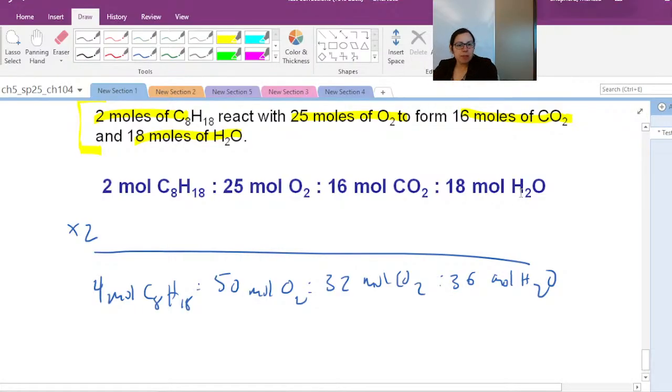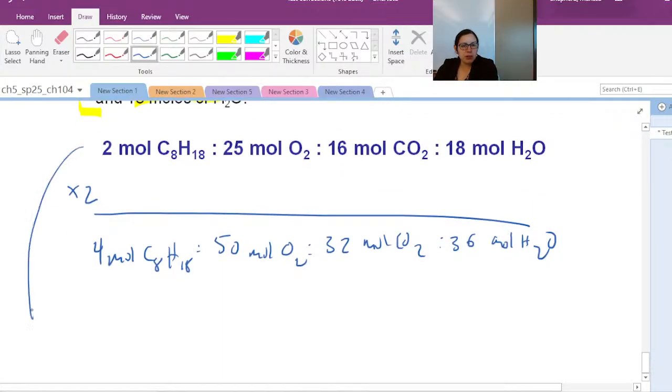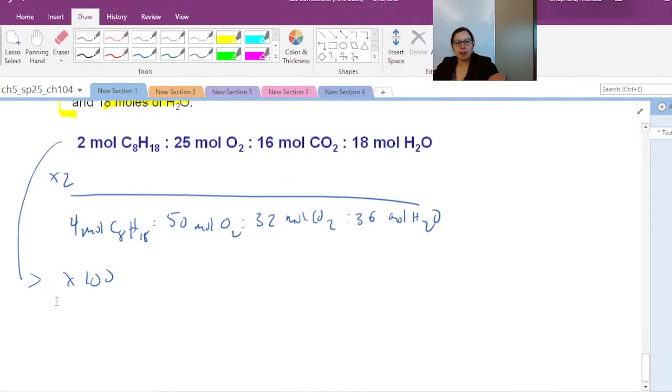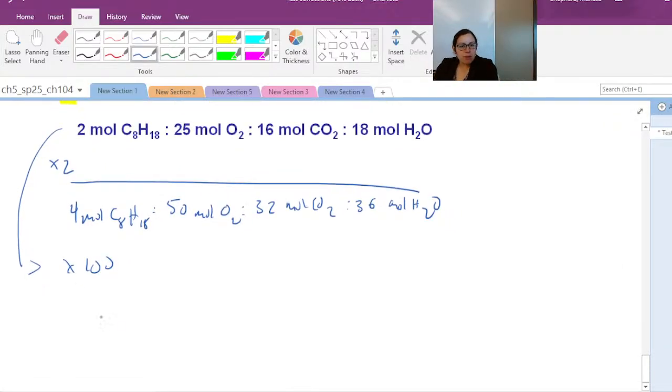Right, so again, scale it by any factor, so times 2 or times 100, it does not matter, right? It's just all about whatever scale you're performing it on.